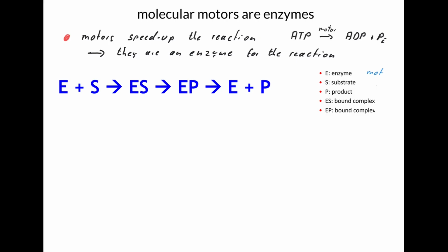Now in our example, the enzyme would be the kinesin motor, the substrate would be ATP, and the product would be ADP plus inorganic phosphate.